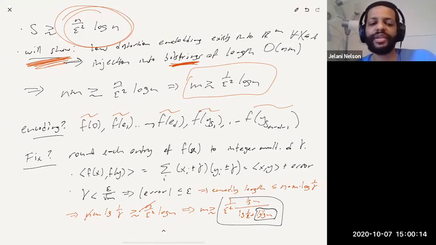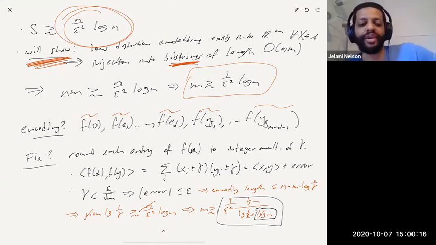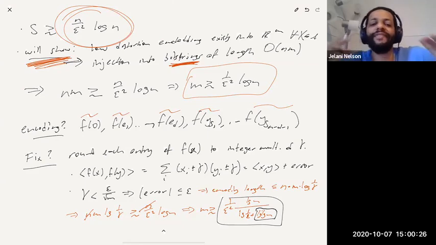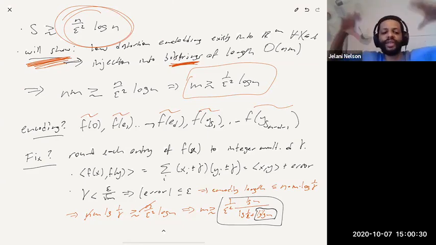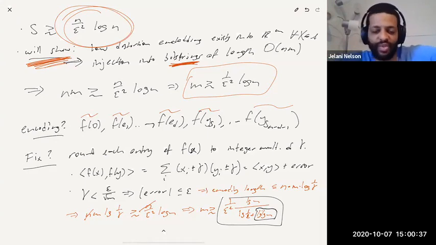So the first fix was we're going to round each entry of the vectors to the nearest multiple of gamma. Now, what is that really doing? It's really taking an L infinity net of the L2 ball, right? I know that all of these f of x are contained in the L2 ball of radius 1 plus epsilon or something, let's say almost radius 1.